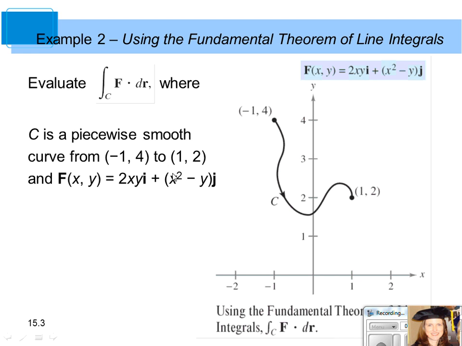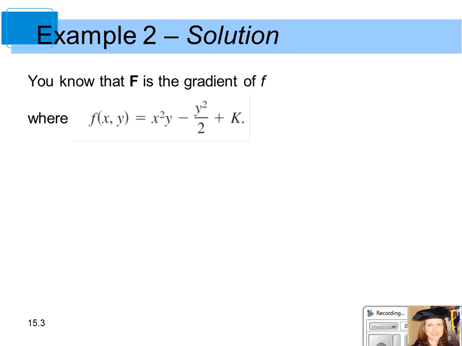And when you take the antiderivative of x squared minus y with respect to y, you're going to get x squared y minus 1/2 y squared plus some constant with x's. So when you calculate the antiderivatives, combine those to find the potential function. The potential function is x squared y minus y squared over 2 plus some constant.